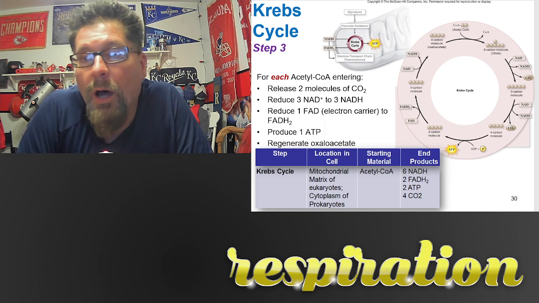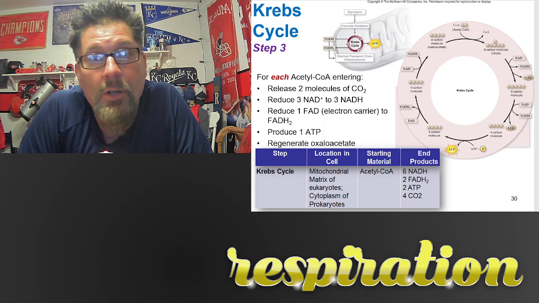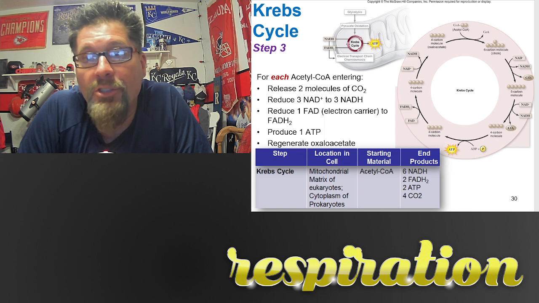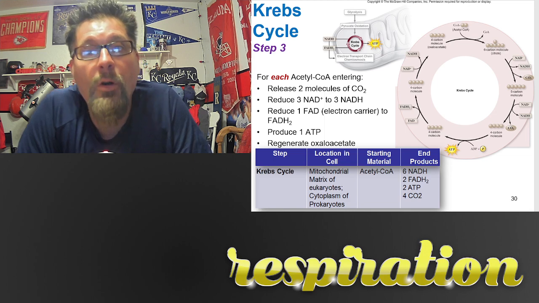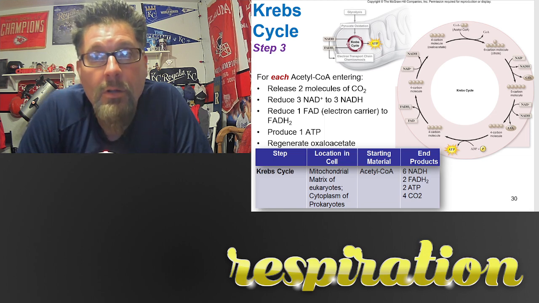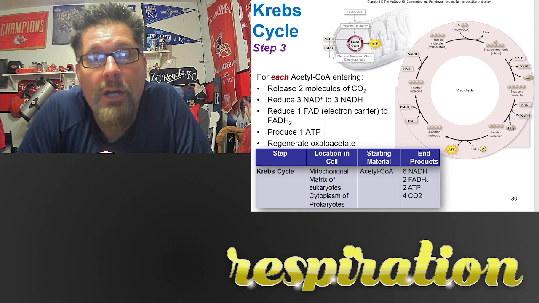Okay, but now we see some different numbers. So one thing to think about on your test or on your quizzes, if you see a 6 or a 4 for an end product, you want to be thinking Krebs cycle.